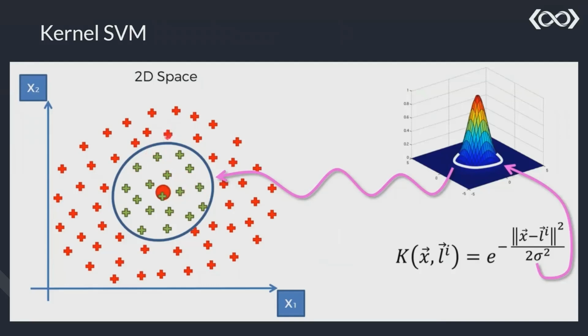And if the distance between this and this is big, then 1 upon e to the power something big will be 0. So I have calculated my sigma in such a way that it is a perfect fit, and it is keeping the k value of the outer points which are labeled as red at 0.